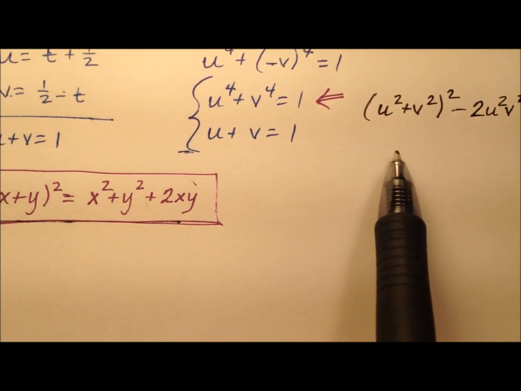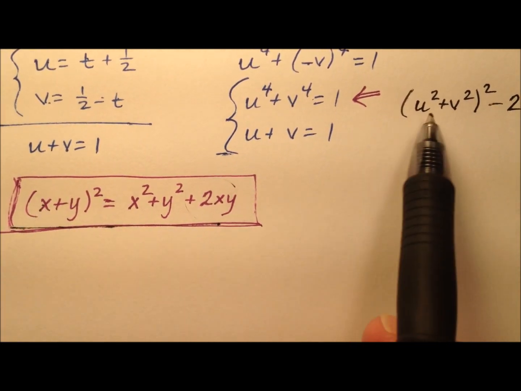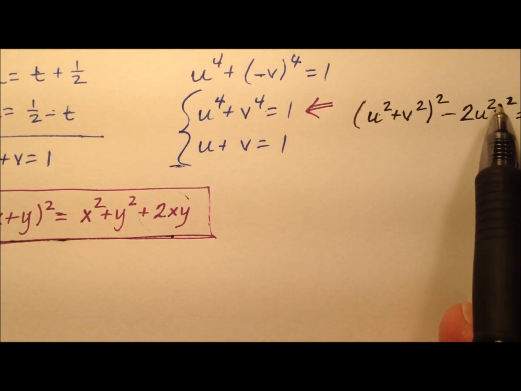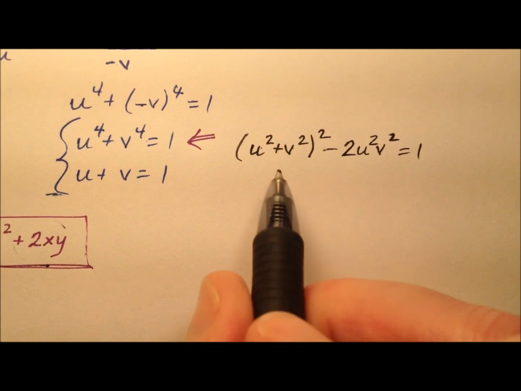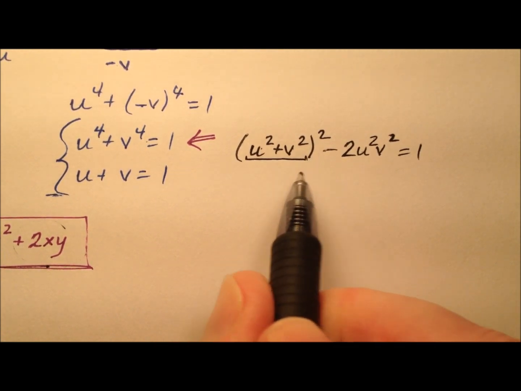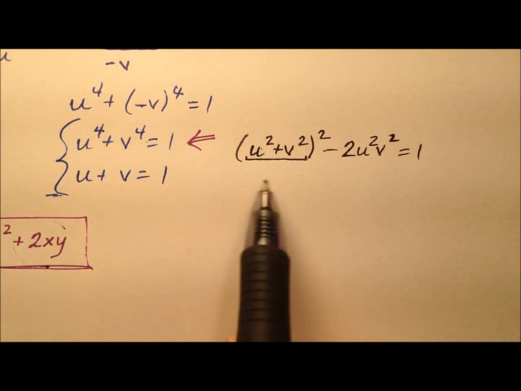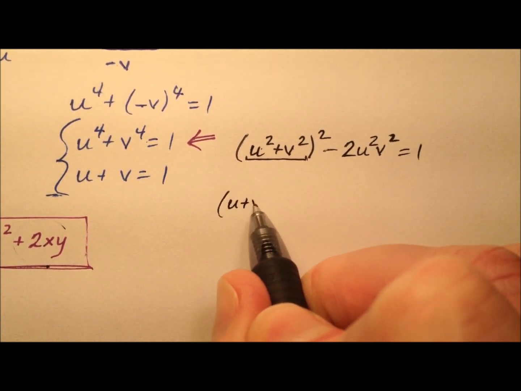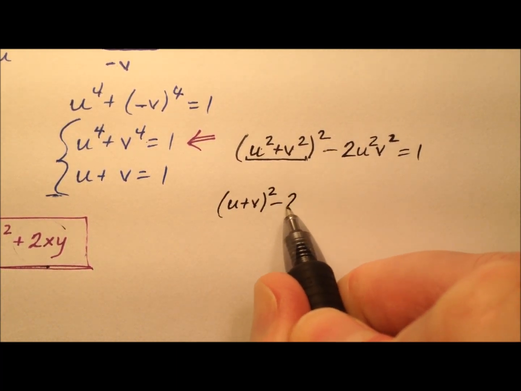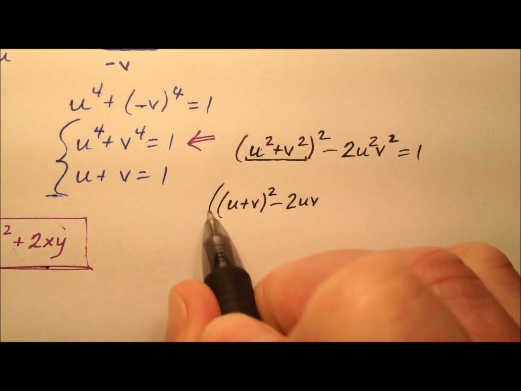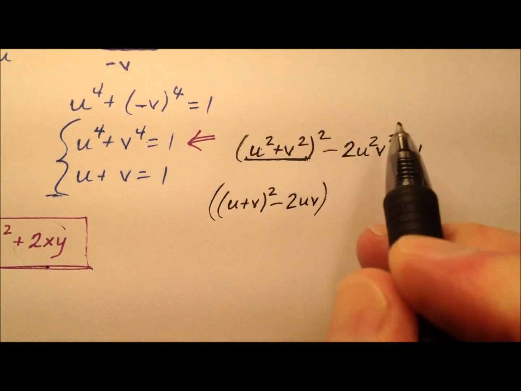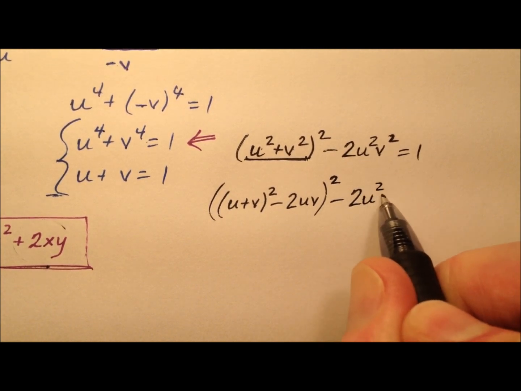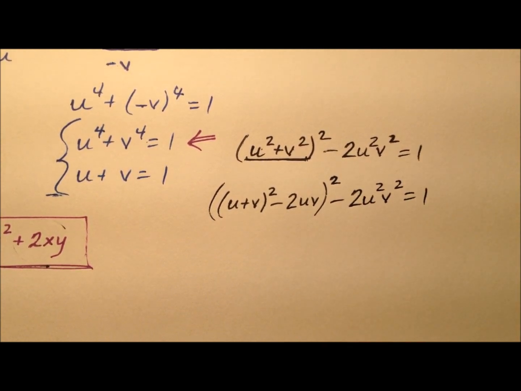Alright, so in our case here you probably caught it that the x was u squared and the y was v squared, hence why this was u squared v squared. Okay, well, I notice I have this same thing again, so let's do this one more time. So we'll call this (u plus v) squared minus 2uv, okay, and that's this, and that whole quantity is squared, minus 2u squared v squared equals 1.